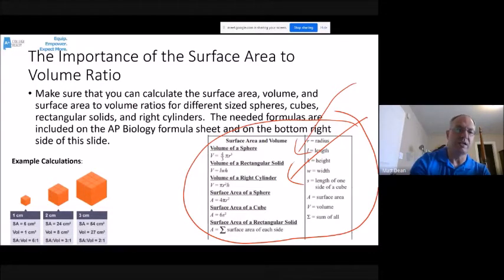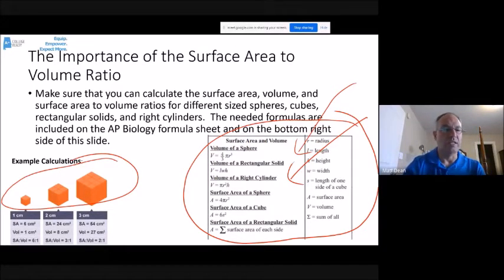Let's take 3 cells, 3 cubes in this case, 1 centimeter on each side for the first one, 2 on each side for the second one, and 3 on each side for the third one. Well, you can look at your formula sheet. If you want to find the surface area of a cube, you're going to square the sides, s squared, and you're going to multiply it by 6 because there's 6 sides on a cube.